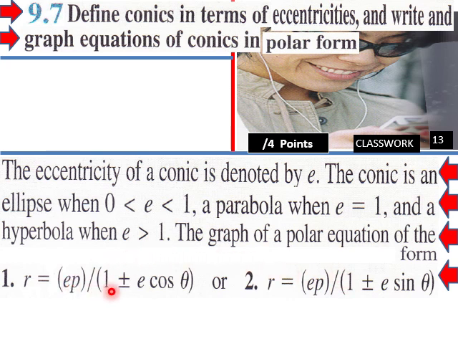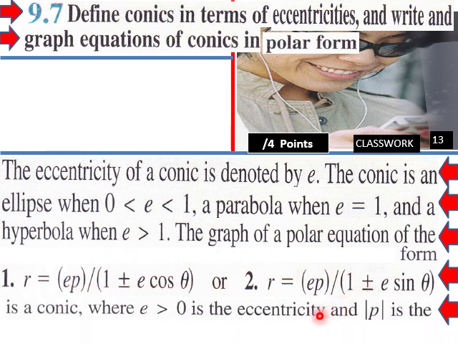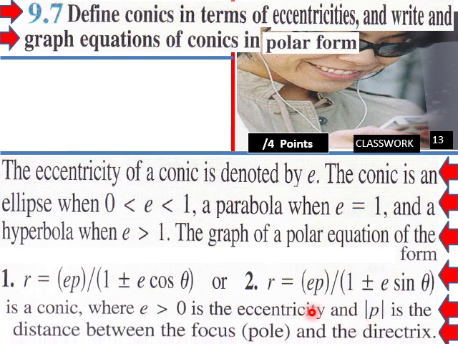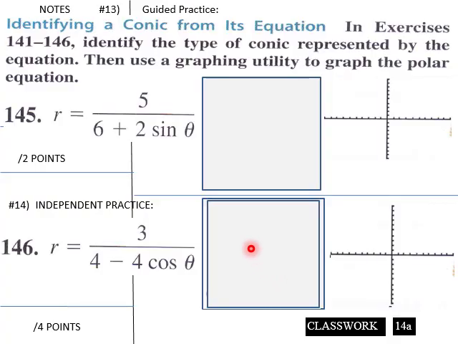So these are the forms here of a polar form of a conic, where E is greater than 0 is the eccentricity, and the absolute value of P is the distance between the focus, otherwise known as the pole, and the directrix. So your P distance here would be designated by that, between your focus and the directrix.